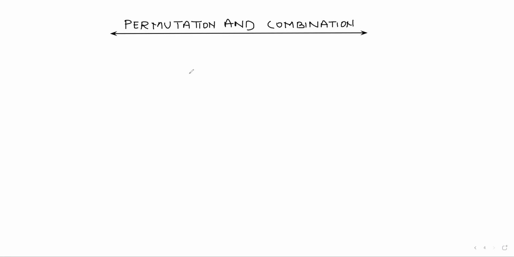So the next chapter is permutation and combination. The definition of permutation and combination we will do later on. Before that, we will discuss a topic which is factorial.